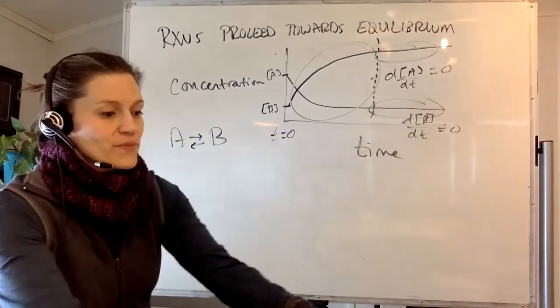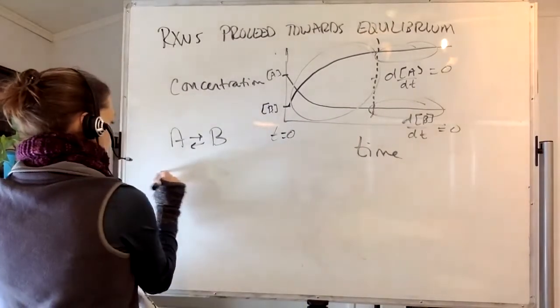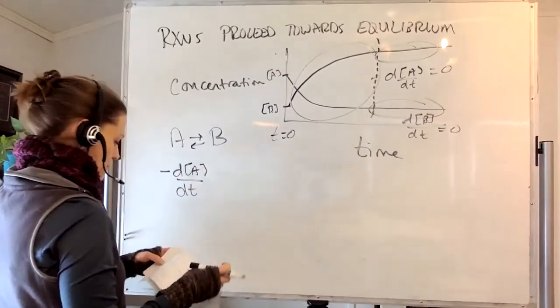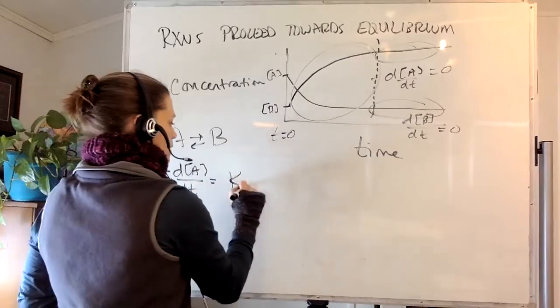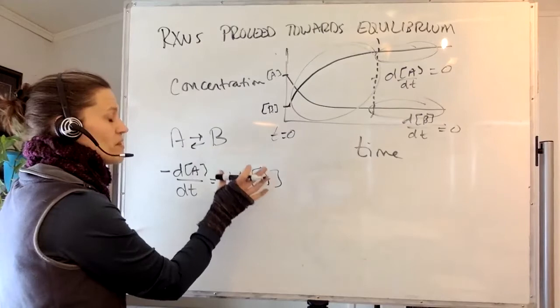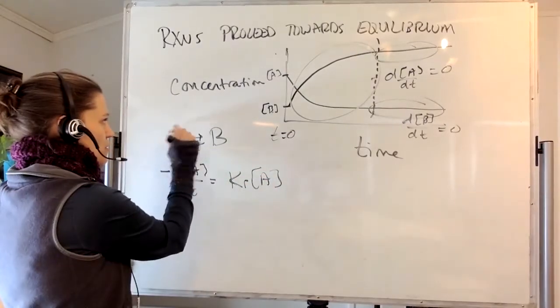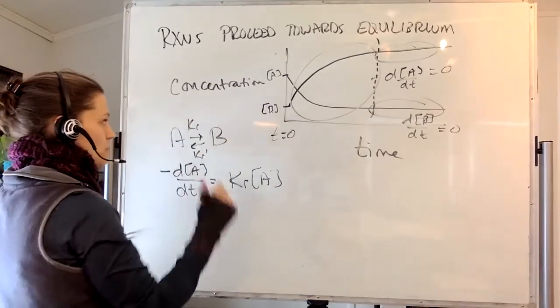Okay, so let's do this. So I have minus dA dt is equal to the rate law of A. So this is the loss of A from Kr prime from the forward reaction.